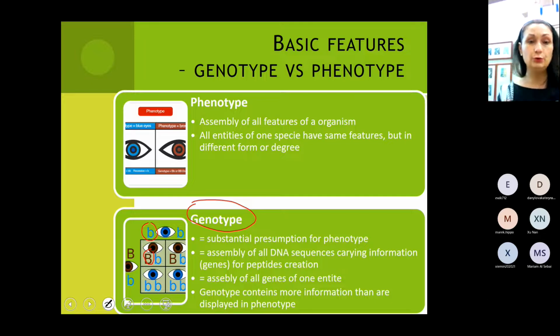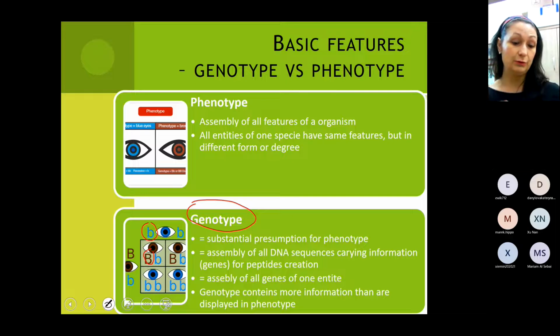It may be strange that blue and brown both use B, but maybe we can use different letters; brown is big B, the dominant one, and blue is small b, always the recessive allele for blue eyes.